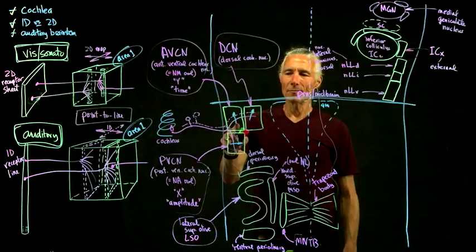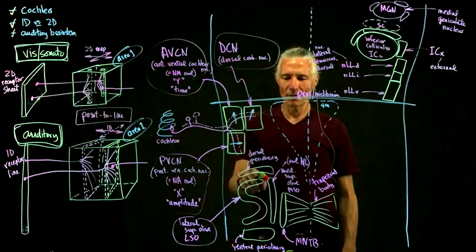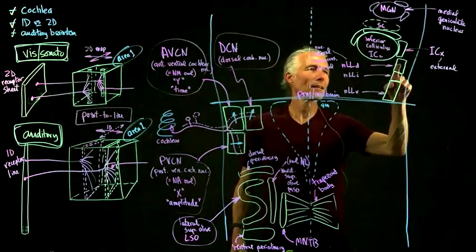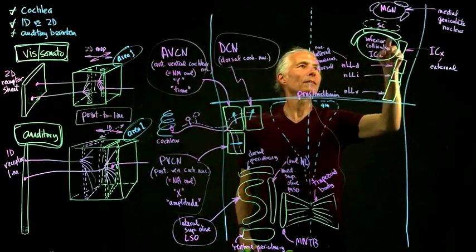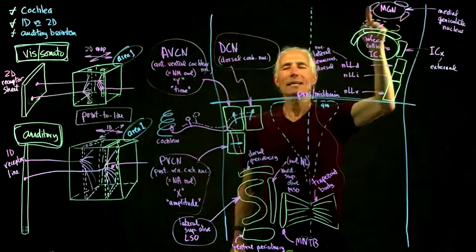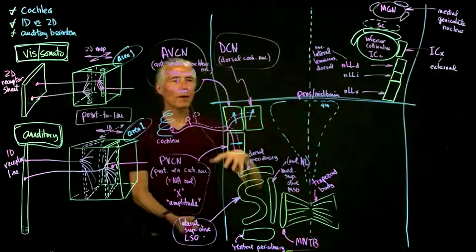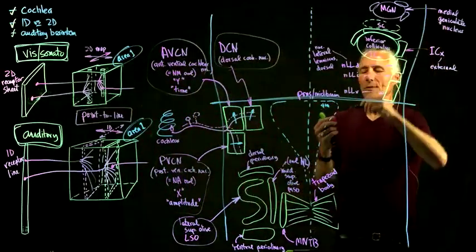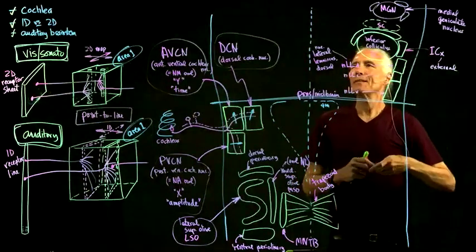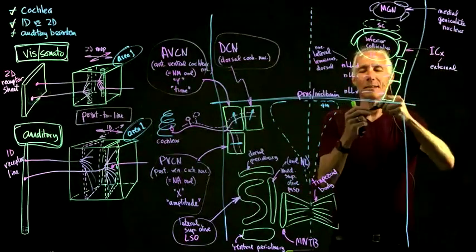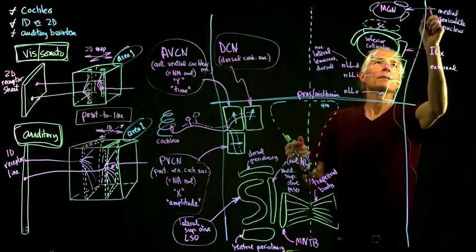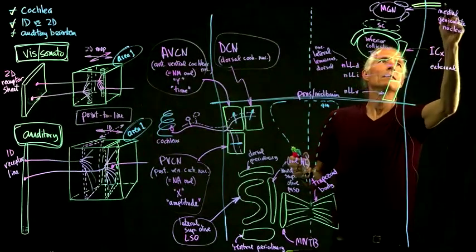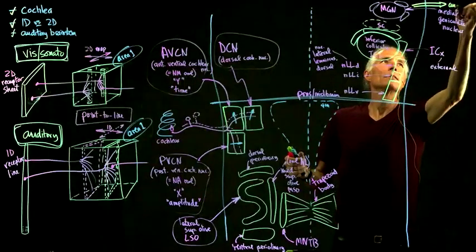So you've got 1, 2, 3, 4, 5, 6, 7, 8, 9, 10, 11, 12, 13, 14, 15, 16, 17, 18, 19. You've got 19 parts before you get up to the cortex. The medial geniculate is what goes up to the auditory cortex.